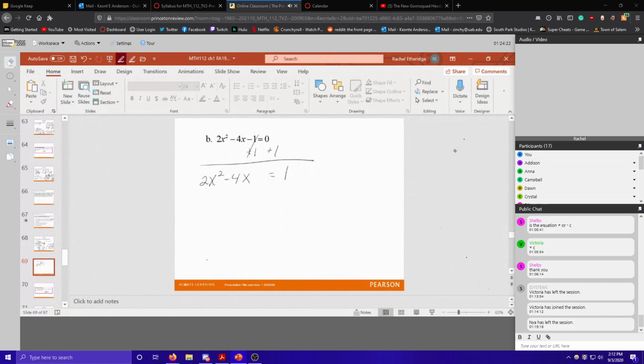Then I'm going to check my x squared, and that's not 1. So since that's not 1, that means I need to go through here and divide everything in that equation by 2. So these cancel out to 1, so that gives me x squared minus 2x. I'm going to leave a space here for completing the square. Whatever I add to the left, I have to add to the right, or I've changed my equation.